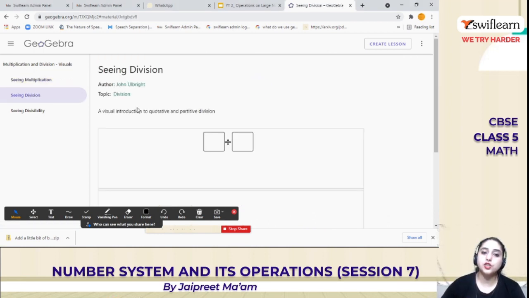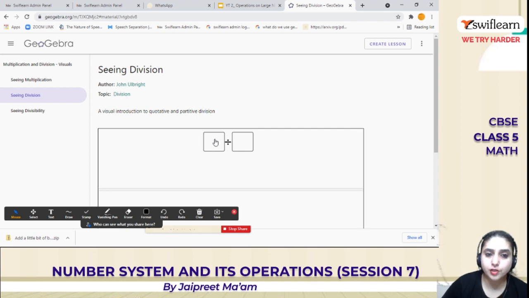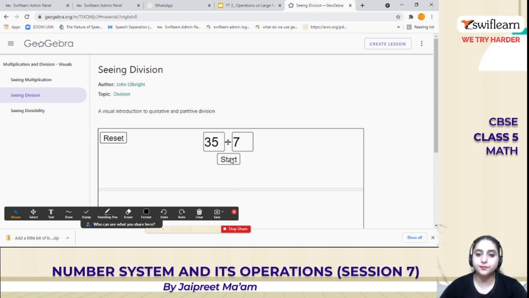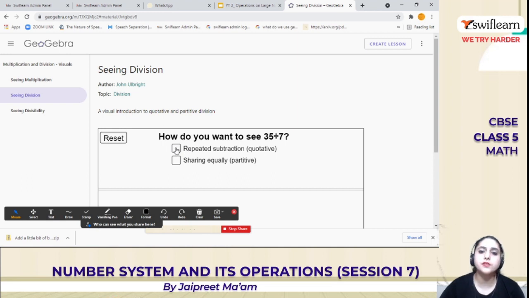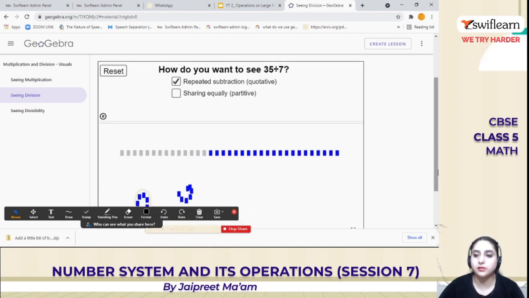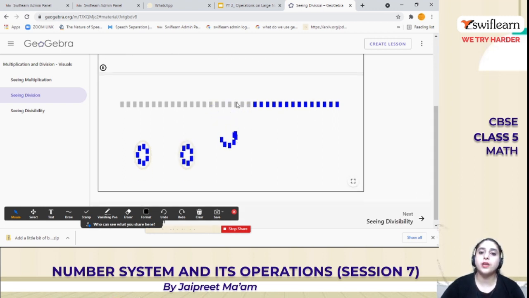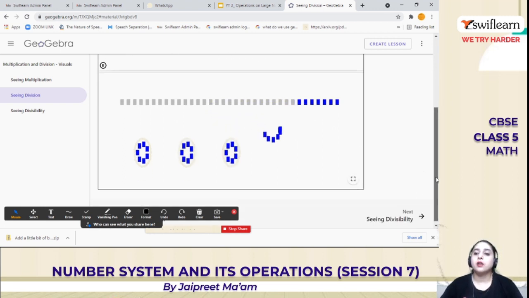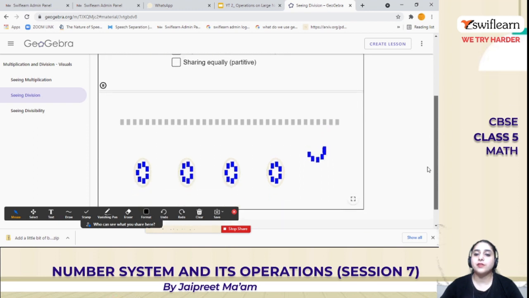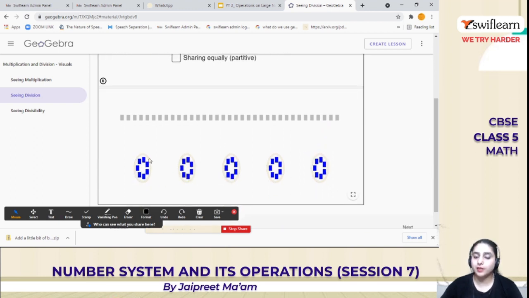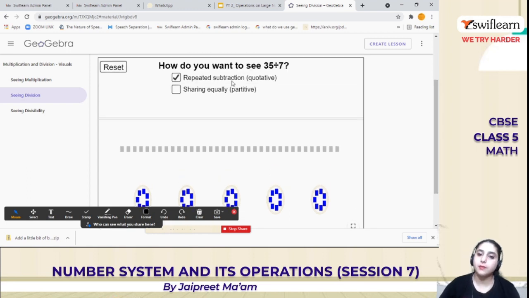Okay, let's see the division, a visualization of division. Let's write any number. Let's write 35 divided by 7. So let's start. First we will do repeated subtraction. So repeated subtraction will be like this. We have to subtract 7 times from 35. 35 minus 7, then the answer minus 7, minus 7 and minus 7.